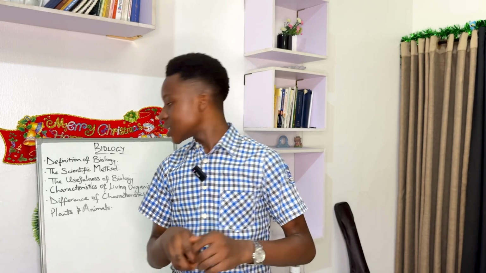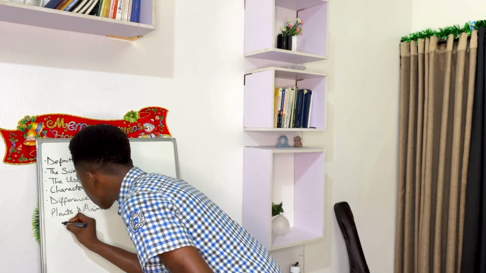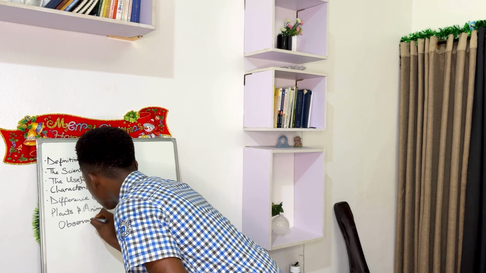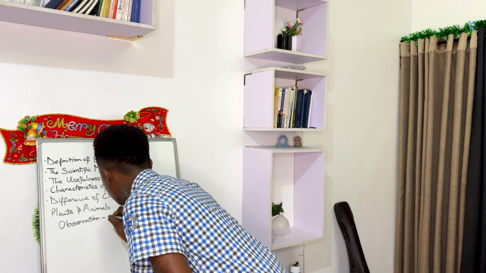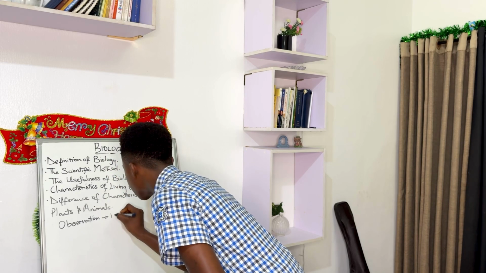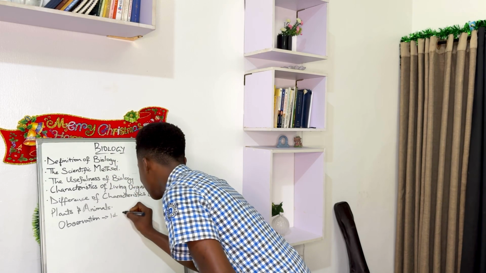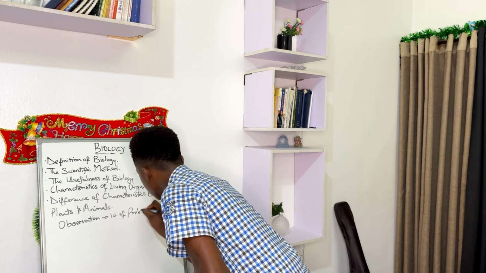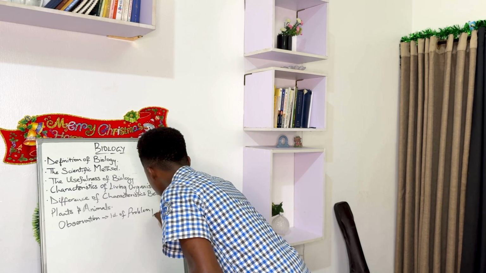First of all, I will list them out. There's an observation. Then there's identification of problem. I'll just put ID of problem. Then there's a hypothesis.